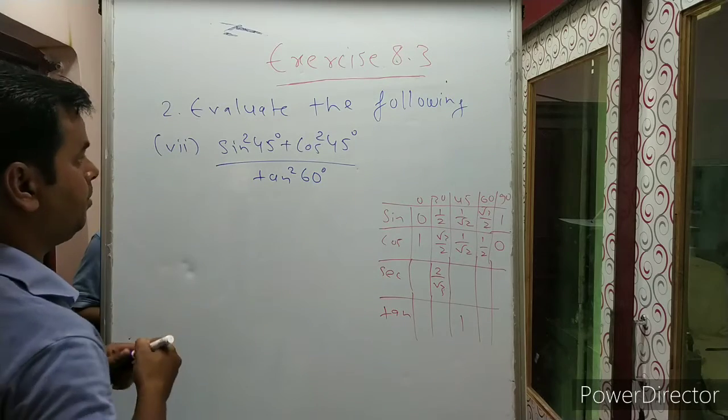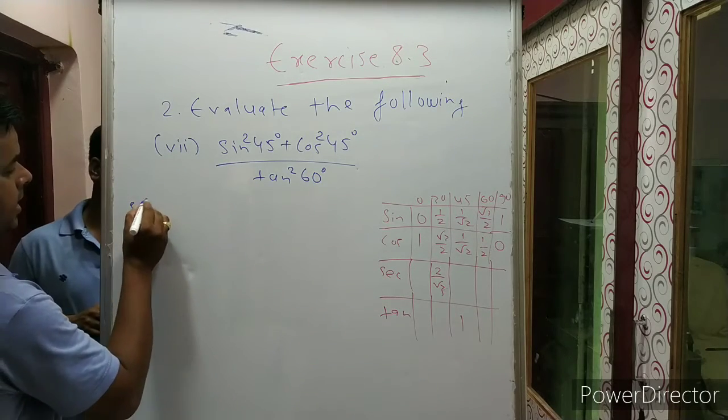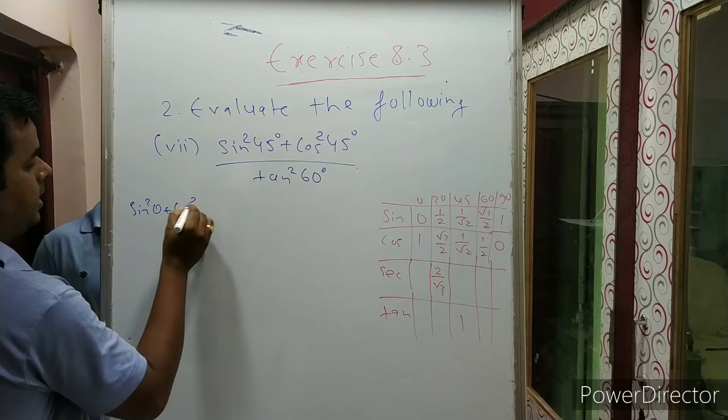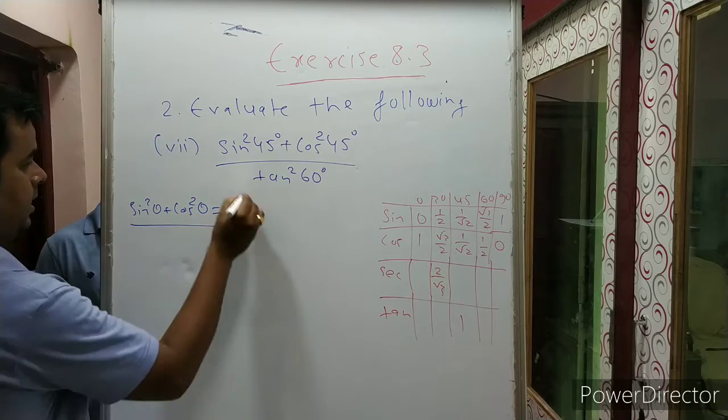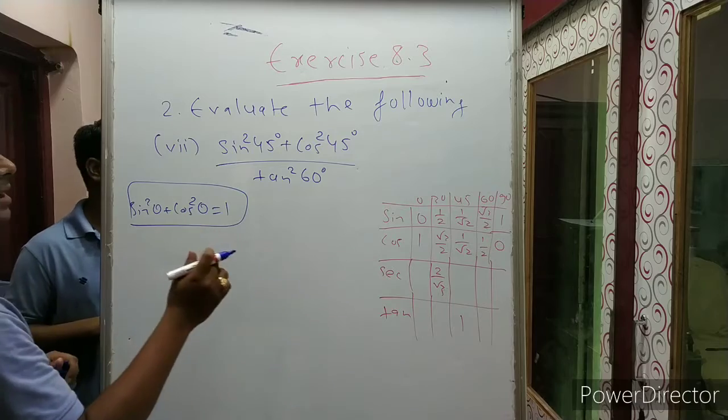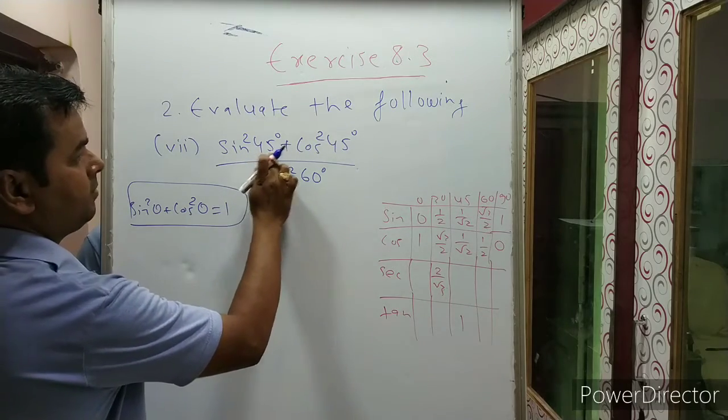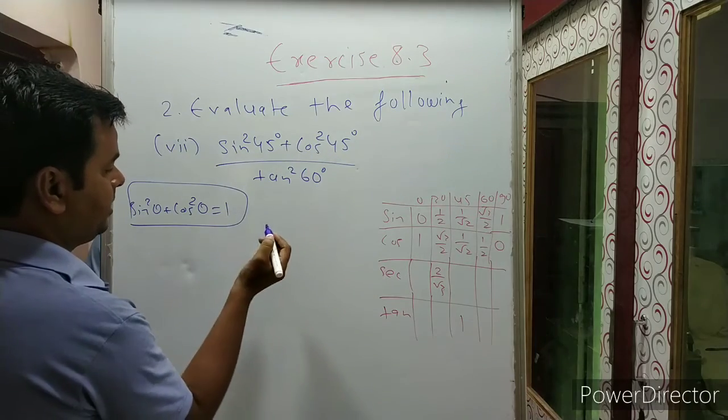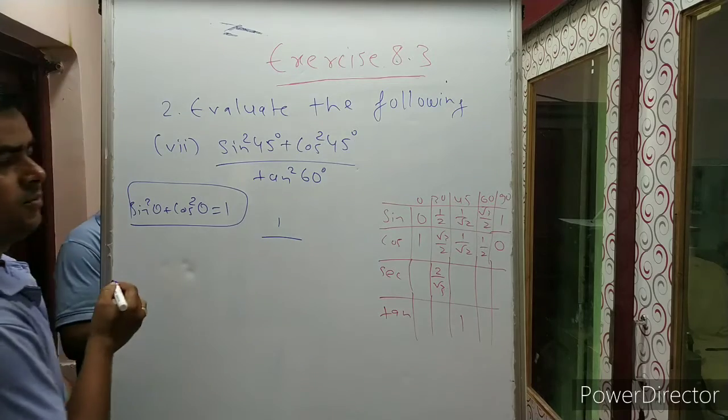So if you remember, sin square theta plus cos square theta is equal to 1. Okay, theta is nothing but degree. As sin square 45 plus cos square 45, we can directly write this as 1.